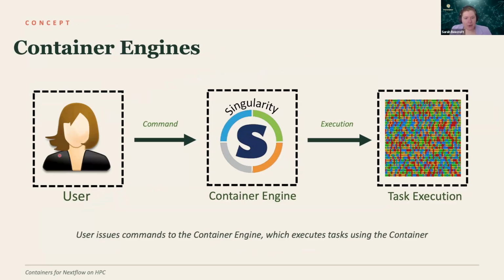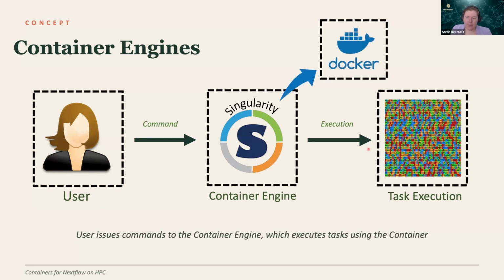So you, as the user, issue your command to Singularity, which is the one we'll be talking about today, and it gets the container to execute the task that you want and give you some science or whatever else you're looking to do. The two main ones I would say are Singularity and Docker. Docker was the first one, and it's become kind of the de facto standard for how you write your containers, how you create the recipes for them.